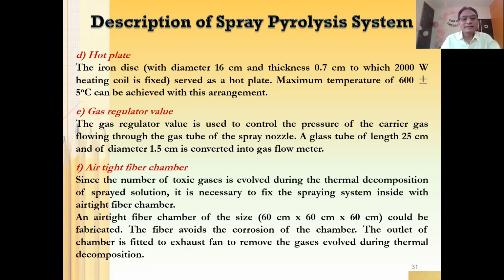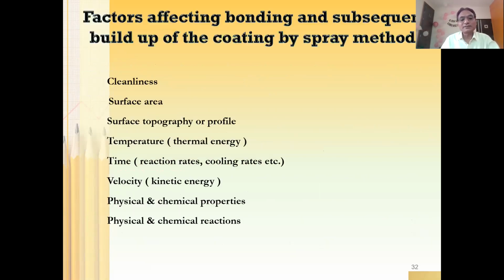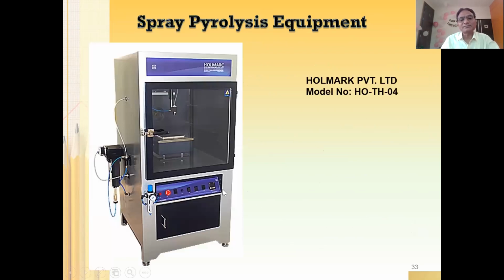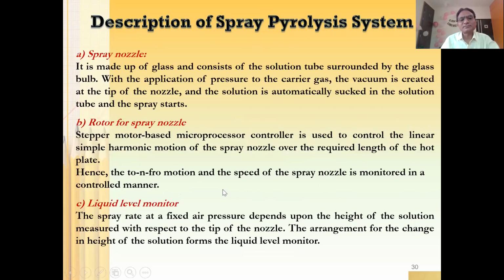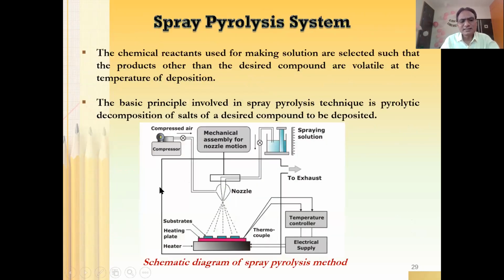Then we have got the airtight fiber chamber. Yes, this is the airtight fiber chamber. जब रिएक्शन होगी तो उसके साथ कुछ बाय प्रोडक्ट भी आएंगे. We don't want that byproduct to sit on the substrate.